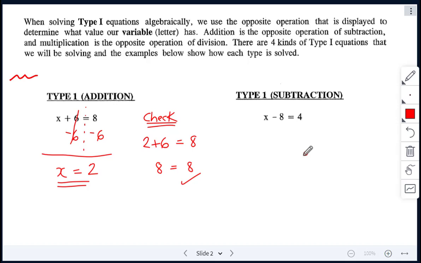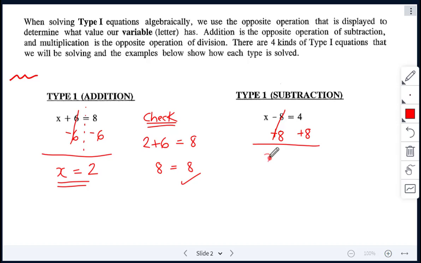All right, and on the right side is an example of a subtraction type equation. So here we have x minus 8 is equal to 4. The opposite of subtracting is adding. So we're going to add 8 to both sides. Minus 8 plus 8 leaves us with 0.